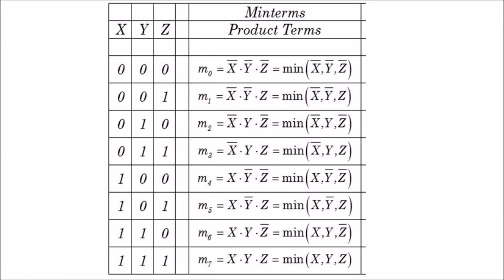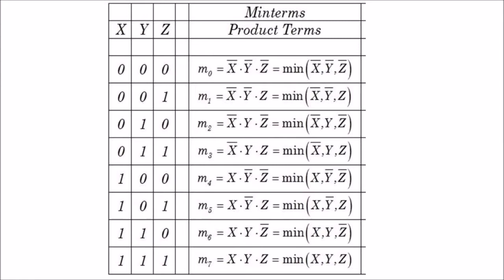So we take x dash or x complement dot y complement dot z complement, which can also be represented as min of x dash y dash z dash, or as small m suffix 0, or m0.